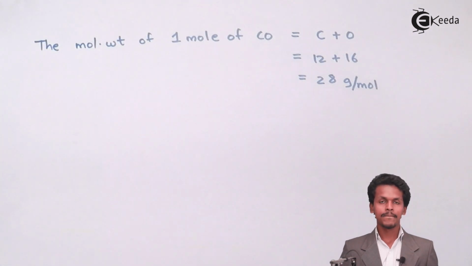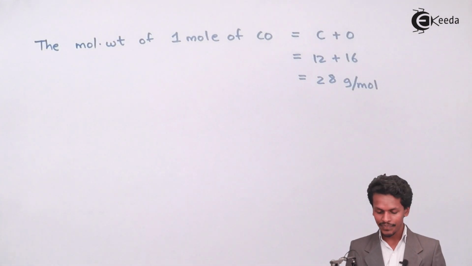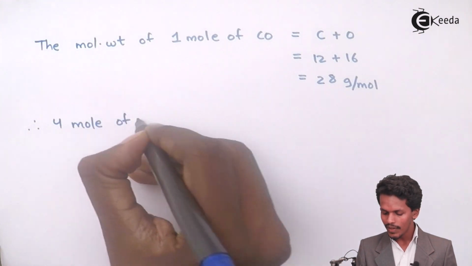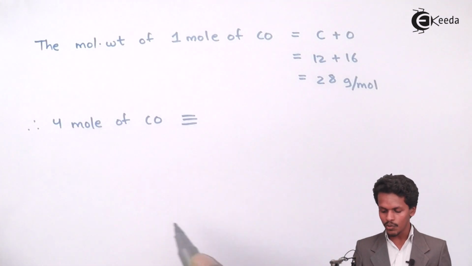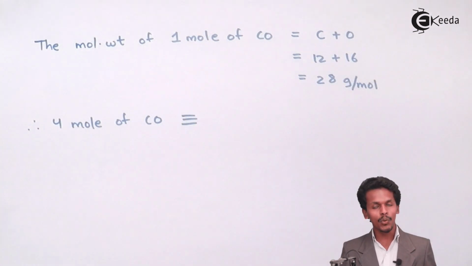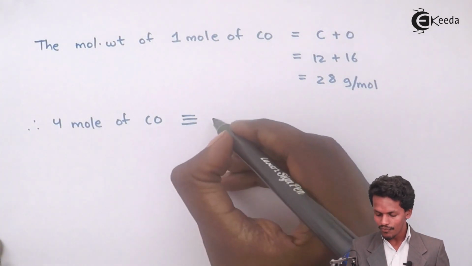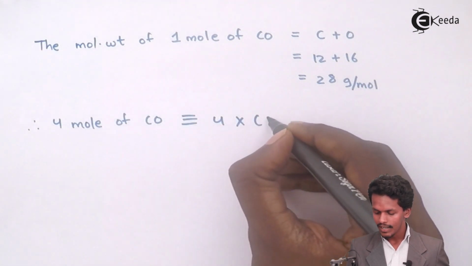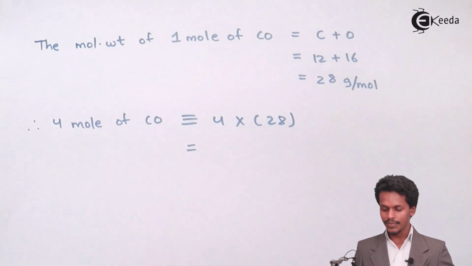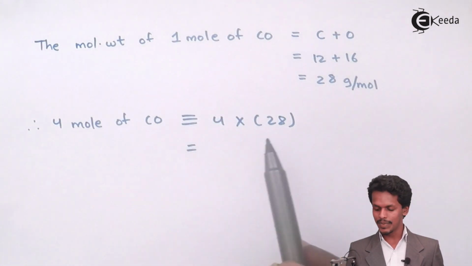But what we have is 4 moles of carbon monoxide. Because 1 mole of carbon monoxide is 28 gram, 4 moles of carbon monoxide will be equal to 4 into 28 gram.